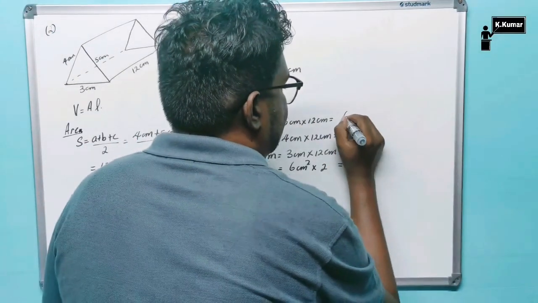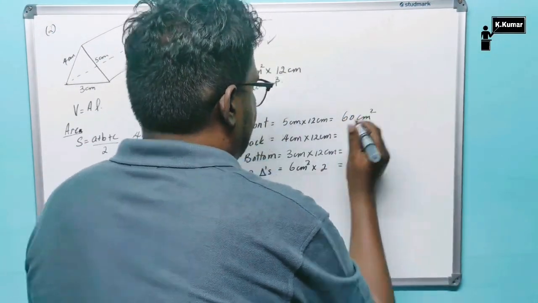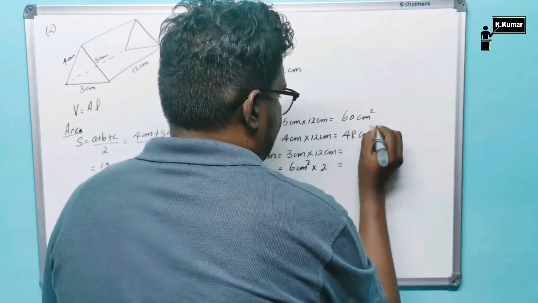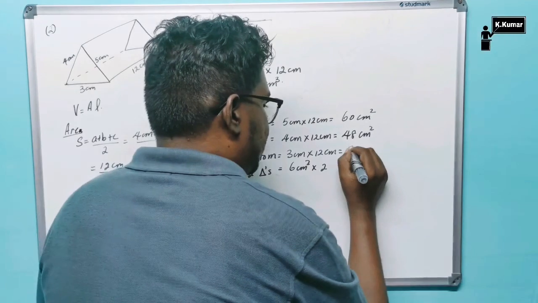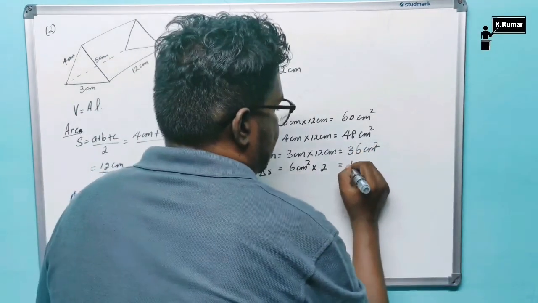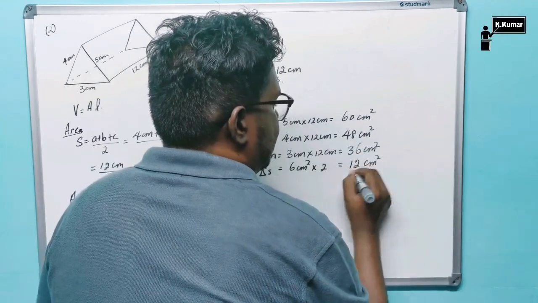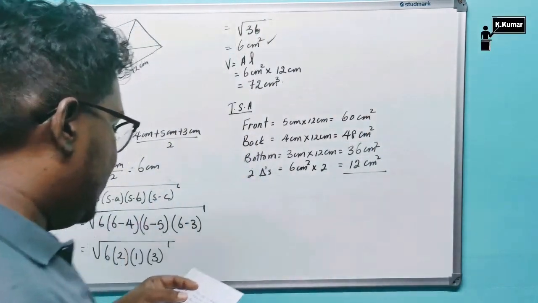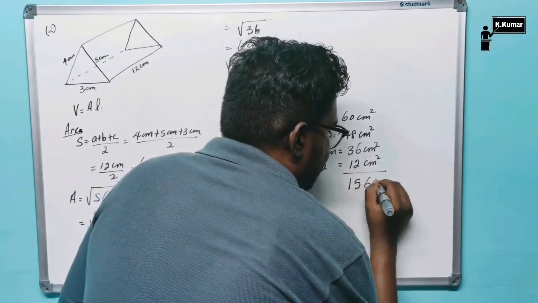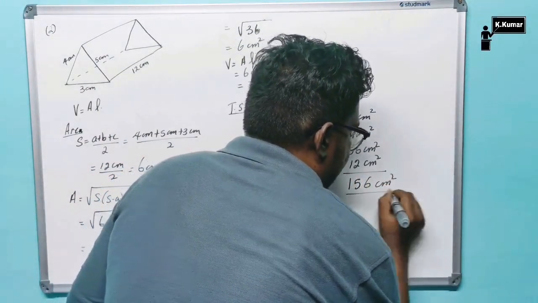12 times 5 gives me 60 cm squared. 12 times 4 gives me 48 cm squared. 12 times 3 gives me 36 cm squared, and 6 times 2 gives me 12 cm squared. Adding all of this up, I would get 156 cm squared.